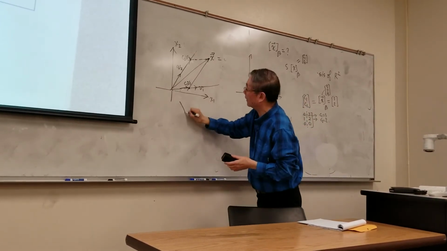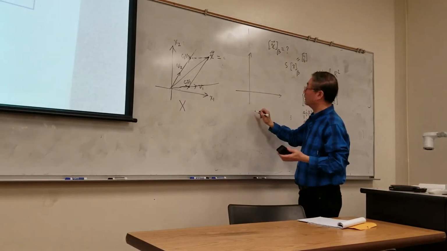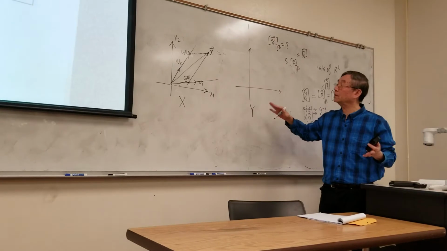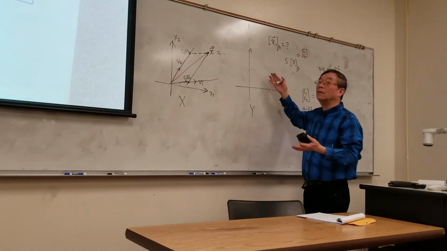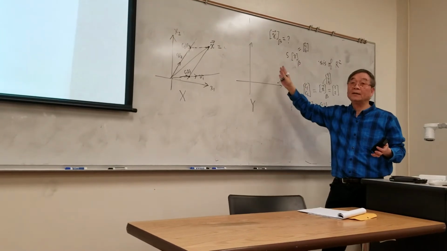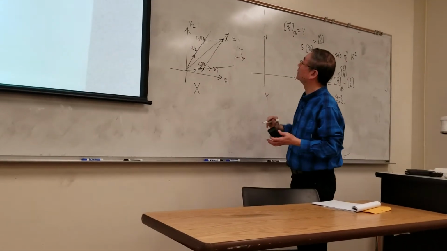That is the domain, right? And then we have a target. This target, I want to make it simple, so we have R2 also. It doesn't have to be, it could be different, right? So there is a linear transformation.